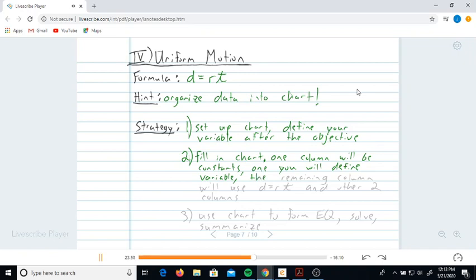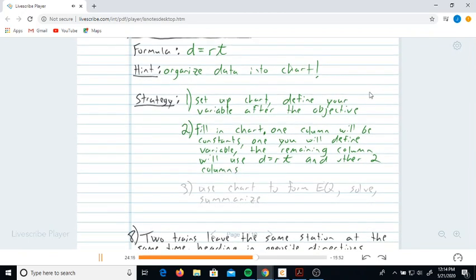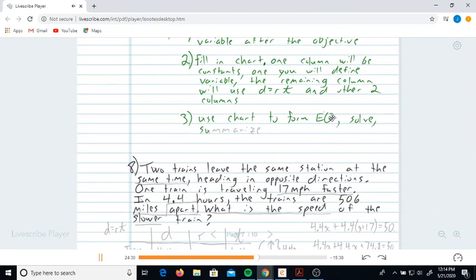The remaining column, and this is the important part of the problem, we'll use the formula on the other two columns. And once you're there, you want to go ahead and use the chart to form the equation. Solve, and then summarize as needed.